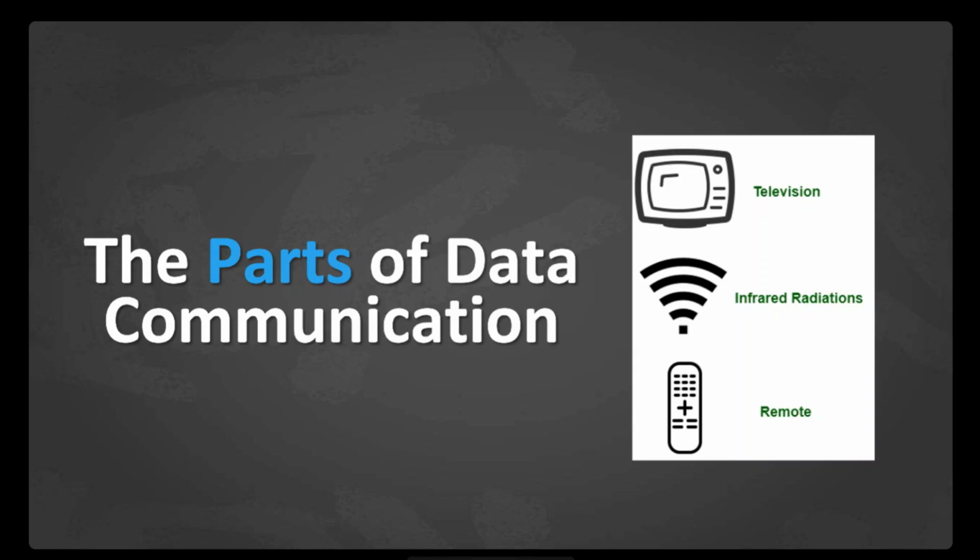Going forward, the remote will be thought of as a transmitter. It transmits signals, it sends them out. You have your infrared radiation, I'm just going to refer to that as your signal. And then your television would be the receiver. It receives that signal that's being sent out by the remote. So you have a transmitter, the signal, and the receiver.